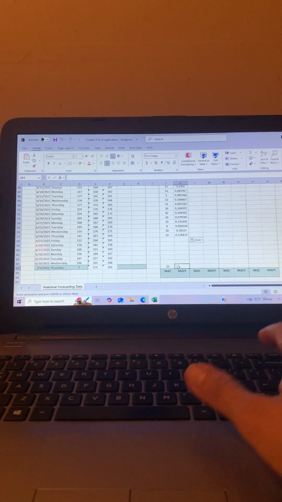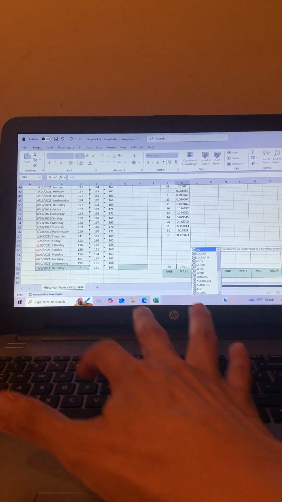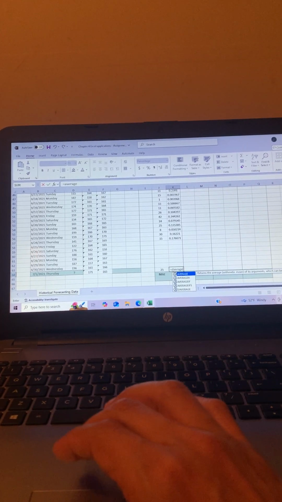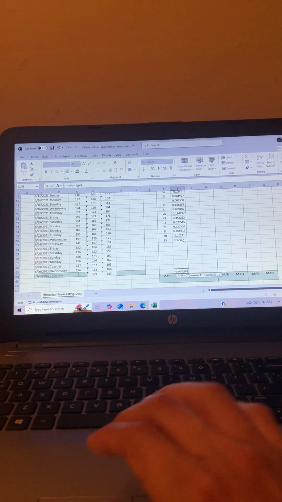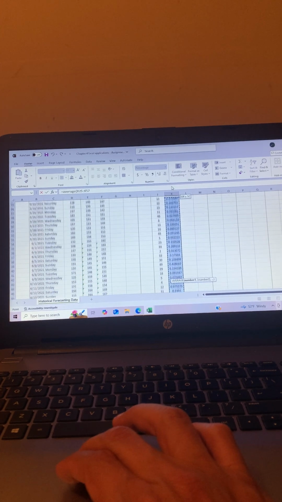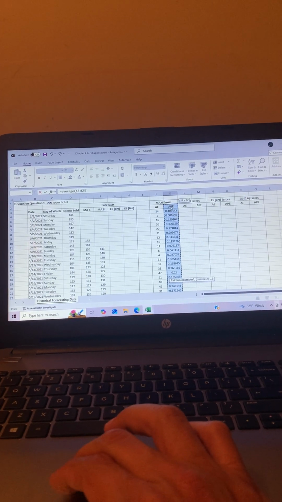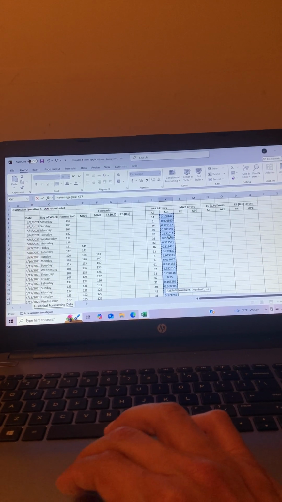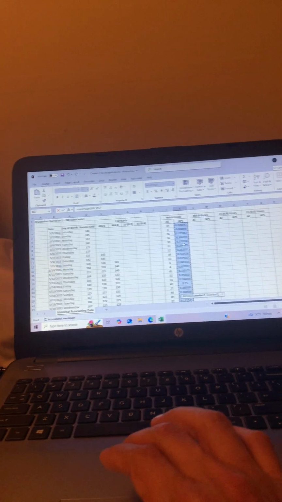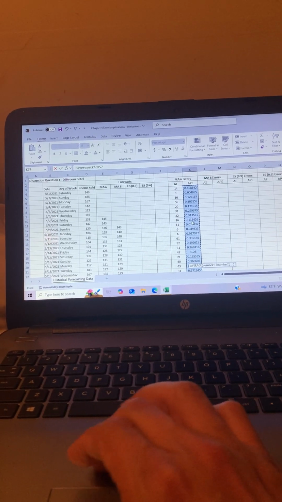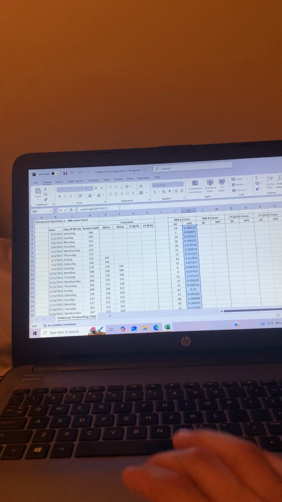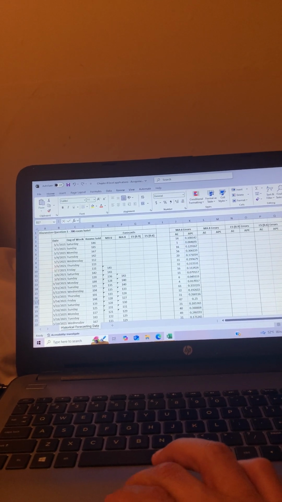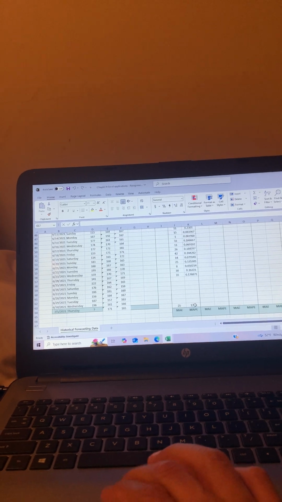So we're going to do equals average. This thing is slow. Oh, here it is. It's already highlighted. So 17%. That's our average.